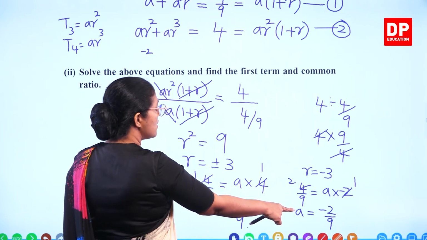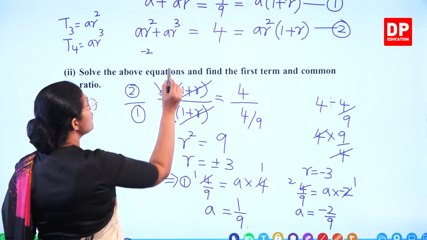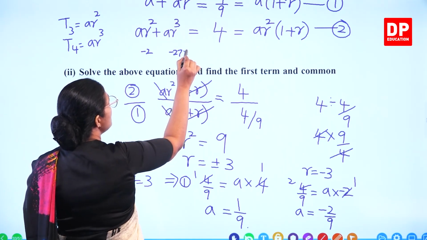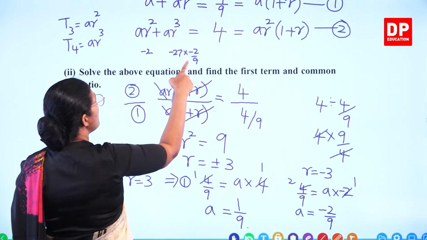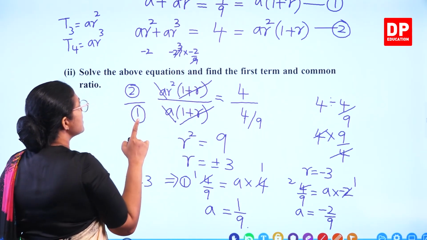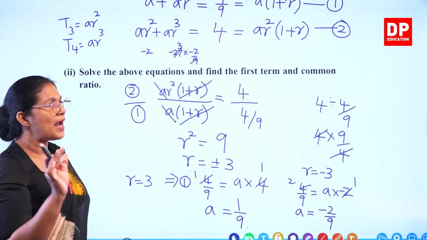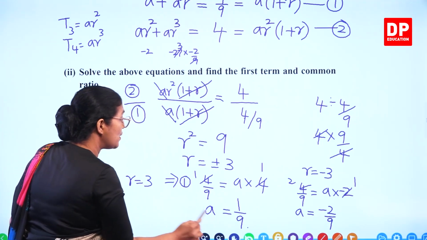If A equals minus 2 over 9, R cube is minus 27 into minus 2 over 9. So minus minus, again you get positive. So 6 minus 2, you get 4. So that means this is also possible. So there are two possible solutions then.